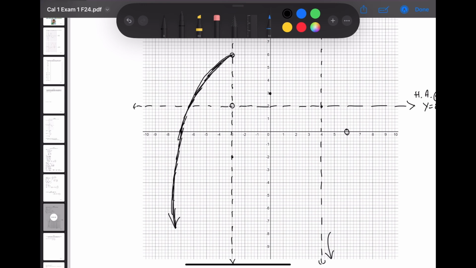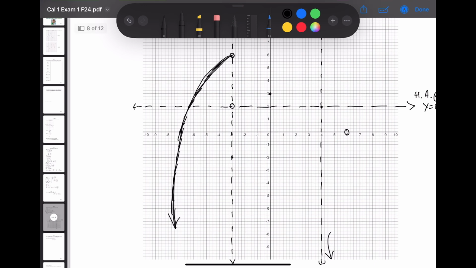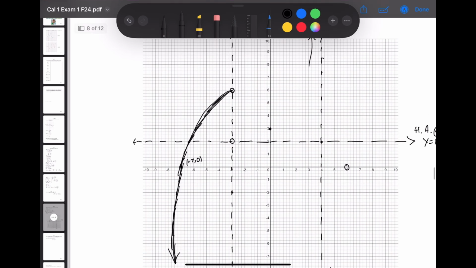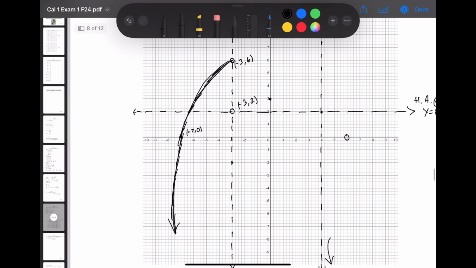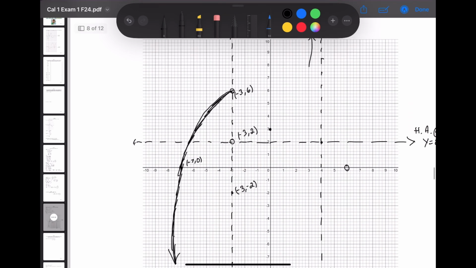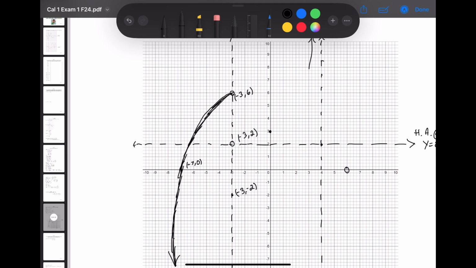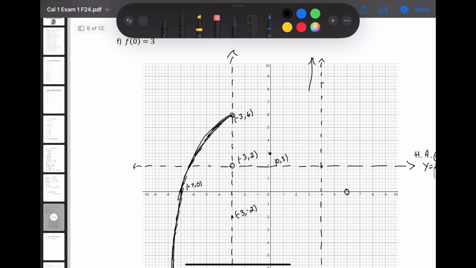Okay, it looks a little bad, but negative 7, 0. This was negative 3, 6. And then this one was negative 3, 2. And this one negative 3, negative 2. And then we have this one, 0, 3. And now we can connect them.